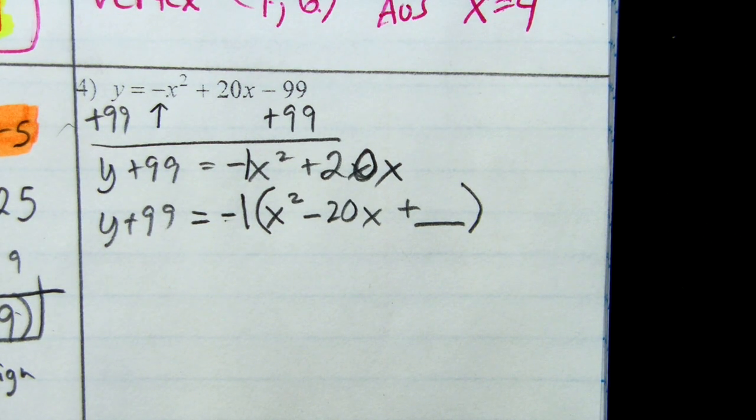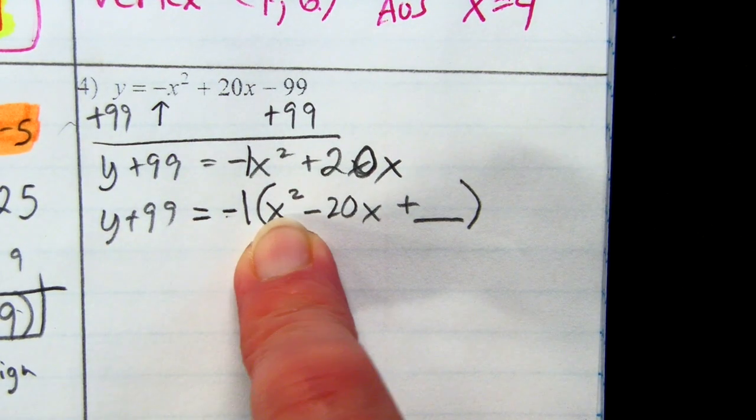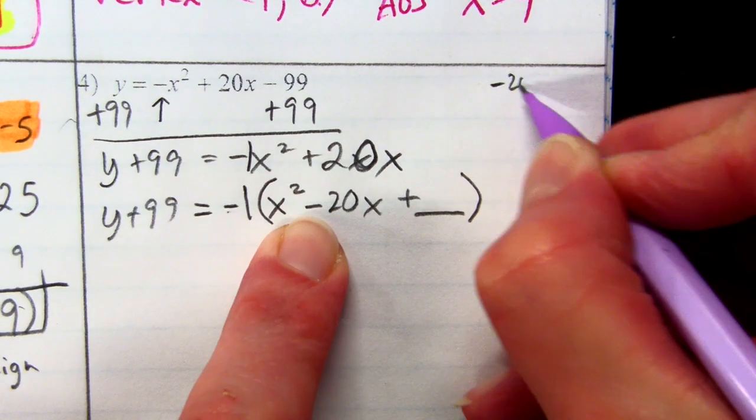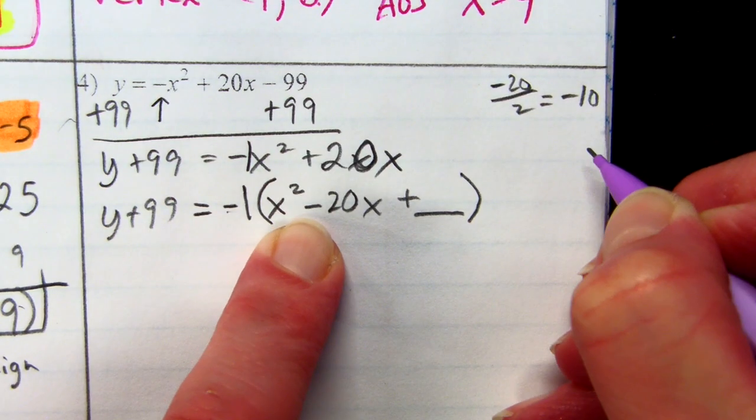Okay. So for a minute, we're going to pretend that -1's not there. We kind of shoved it to the side so we can complete the square, because this has to be a positive x squared to do it. So we're going to take that -20 divided by 2 like we've been doing, get -10.